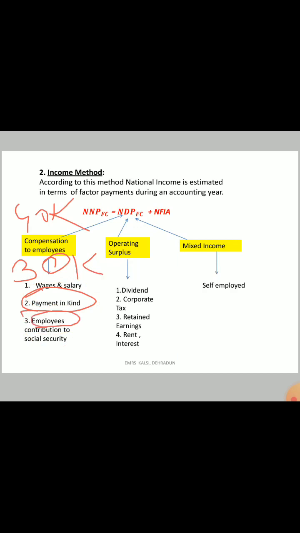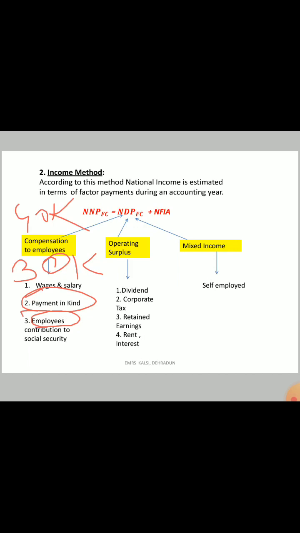The firm, my boss, will be contributing on my behalf to a social security scheme or government scheme. That will be counted as my salary, which I will get after retirement.